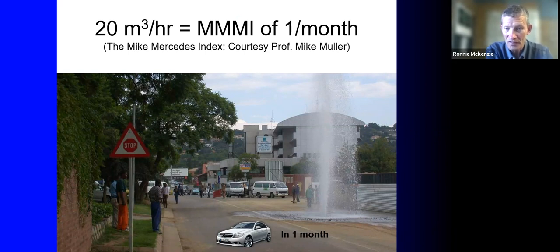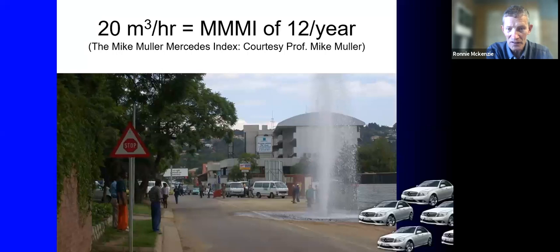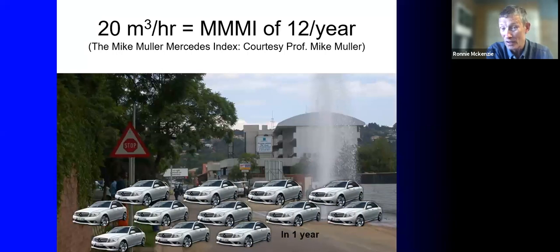So if you want to show how big a leak is in terms that even a politician can understand, we recommend the use of the Mike Muller Mercedes Index. This is it. You can do it on an annual basis as well. That's sometimes even more appealing to the politicians if they think that they might be able to get 12 Mercedes cars out of the deal.